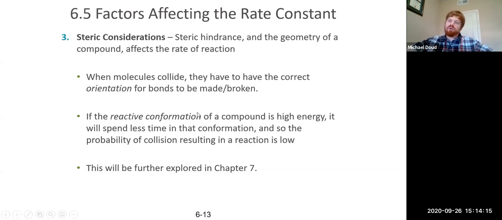If you have a big bulky group like a tert-butyl, which is a big giant substituent, like tert-butoxide, for example, the tert-butyl alcohol that you've removed the proton from, it's got a lone pair on it. It would make for a really good base, but it's actually very difficult for tert-butoxide to get into different protons, because this reactive conformation is very high in energy, and it runs into a lot of stuff.